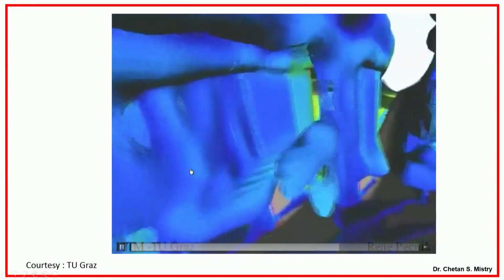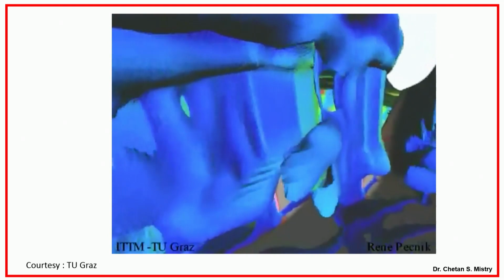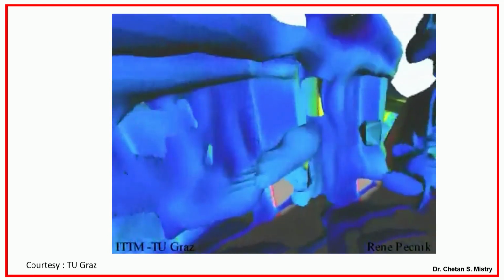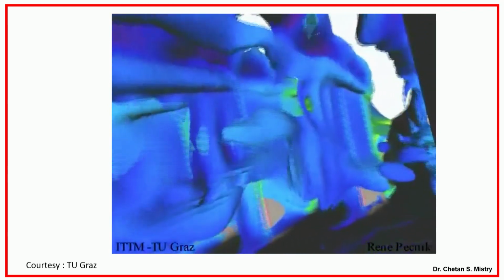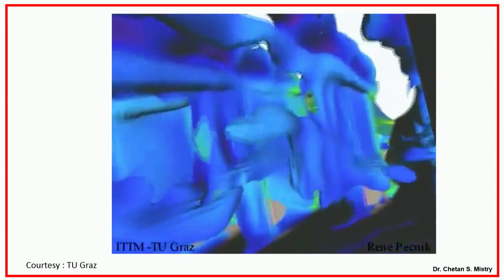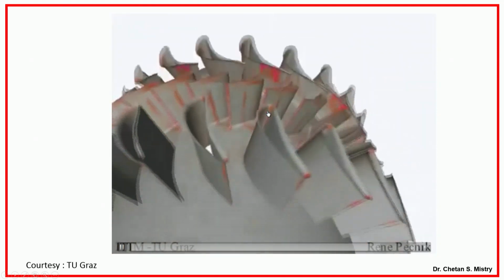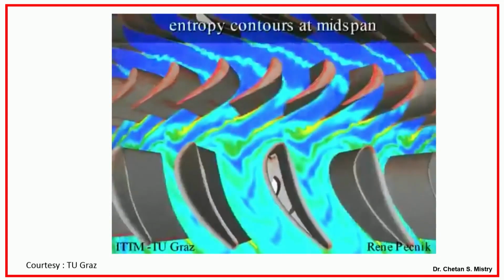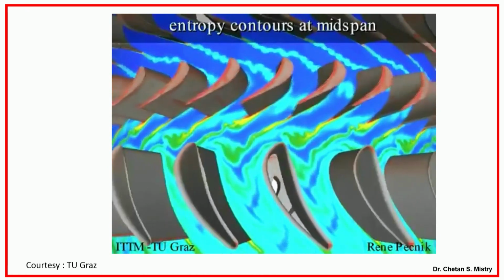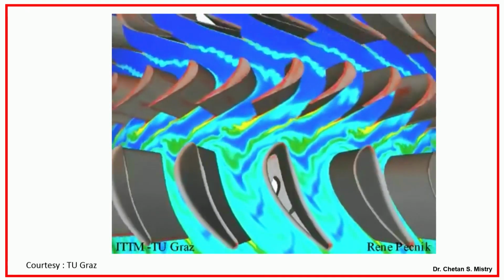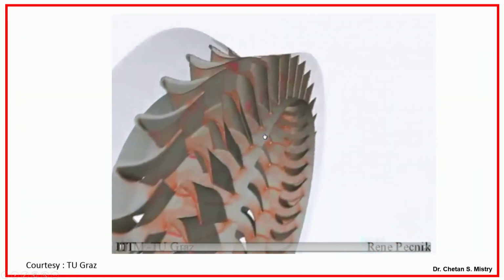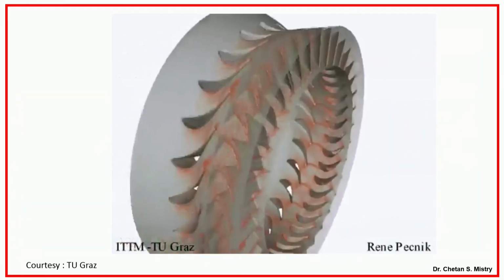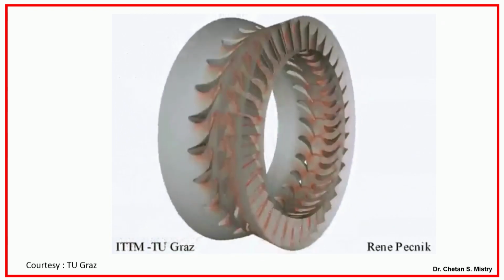In between, in the potential flow region, there is the formation of wakes, or the secondary flow, which is changing its nature. This is the entropy contour, and this is how the flow is moving.